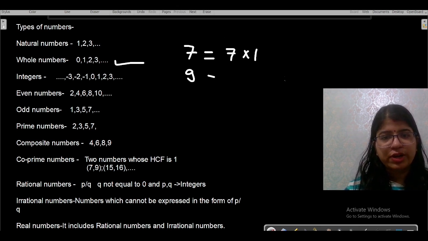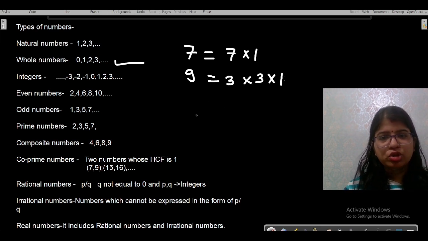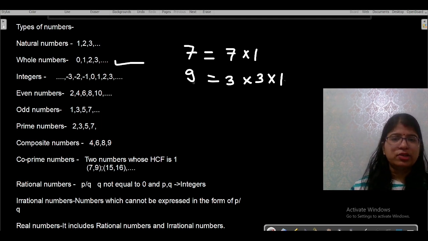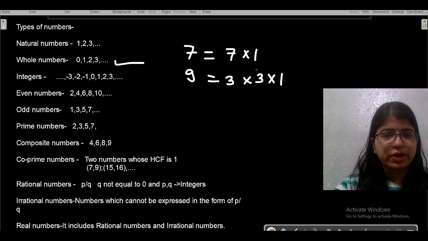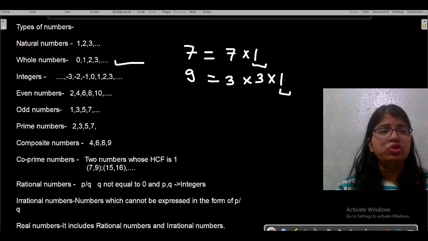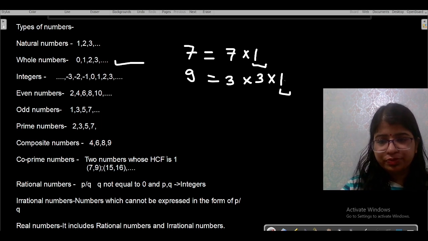Similarly for 9, in prime factorization of 9 you can write 3 into 3 into 1. So what you see, once you find the highest common factor of 7 and 9, it is going to be 1 only, the common factor is only 1. So the pair of numbers whose highest common factor is 1 will be co-prime numbers.